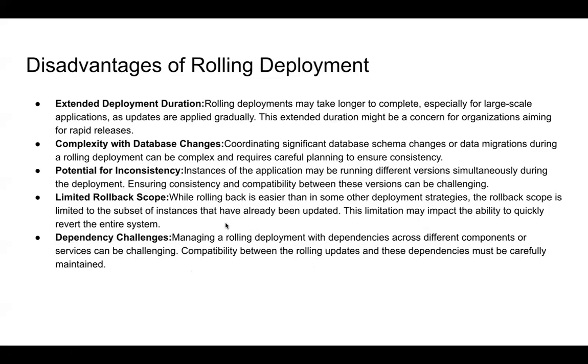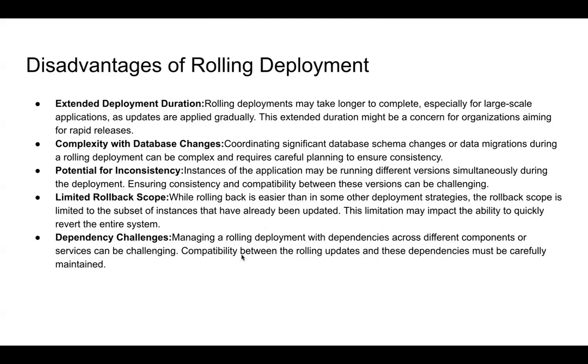Okay, so for this, it does give you the option of rolling back to a previous version, but since we are not really updating everything at once, we are doing it one at a time, all of them might not have been updated yet, and that makes the rollback take much longer than the other ones.